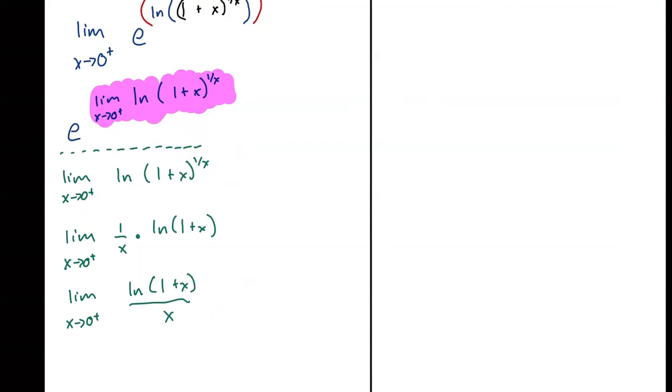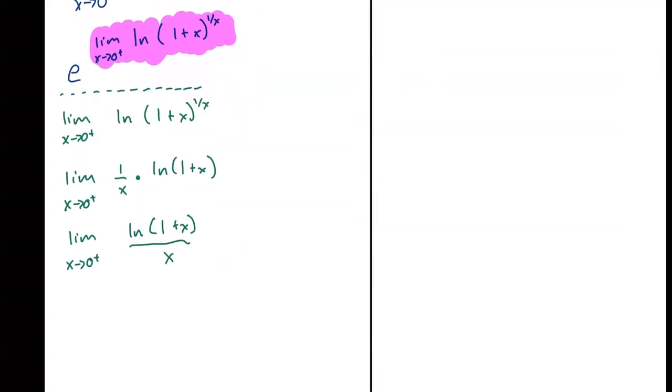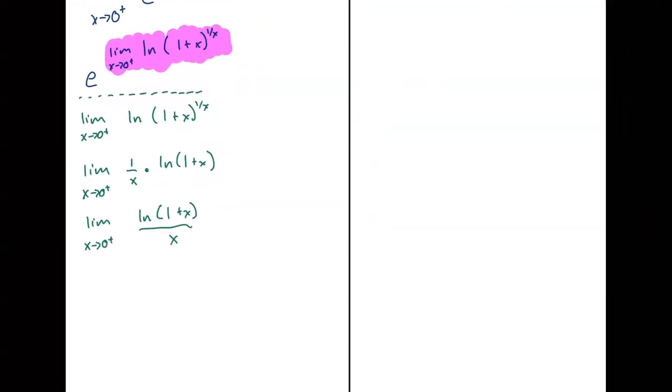But this you could apply L'Hôpital's rule with, and it is just going to be the limit as x approaches 0 from the right. 1 over 1 plus x is the derivative of my numerator. The derivative of my denominator is indeed 1. So now take the limit. You get 1 over 1 over 1, which is 1.